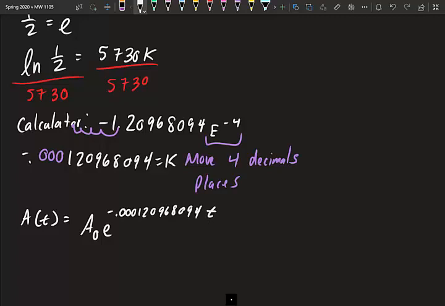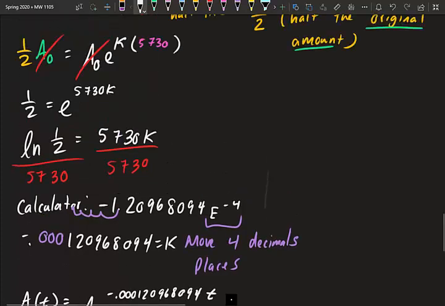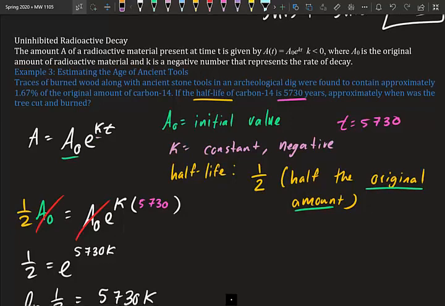Alright, so we need to solve for our time, now that we have the constant. But we don't have enough information here, because we don't know what A sub 0 is, so we can't solve yet. But there is something else it gave us: 1.67. It says the archaeological dig was found to contain approximately 1.67% of the original amount.